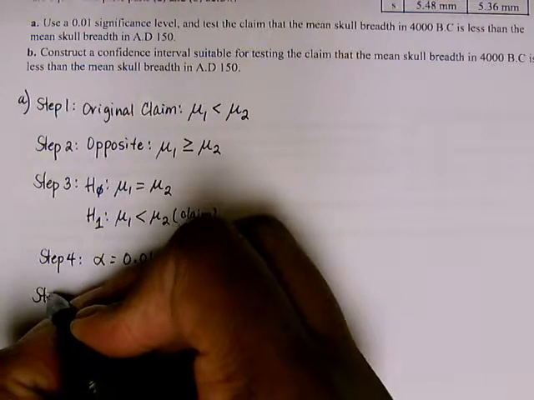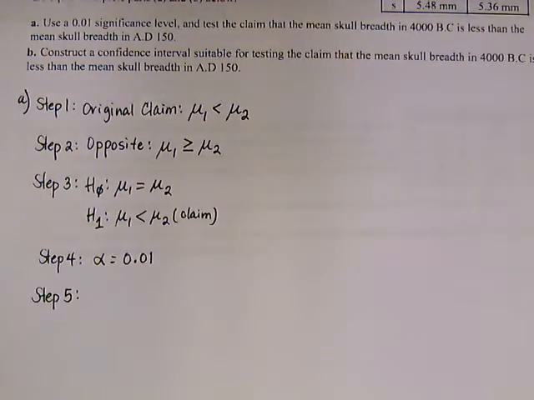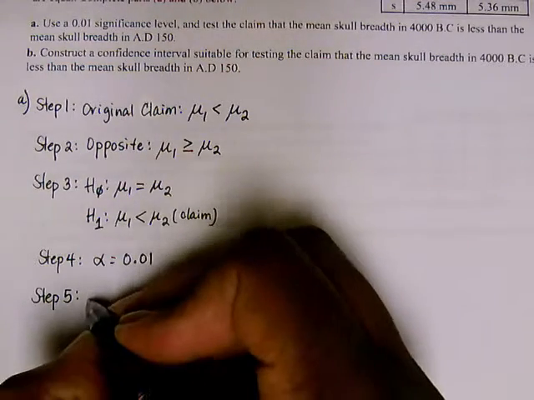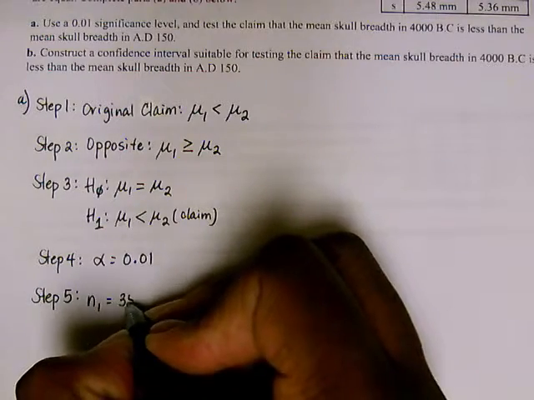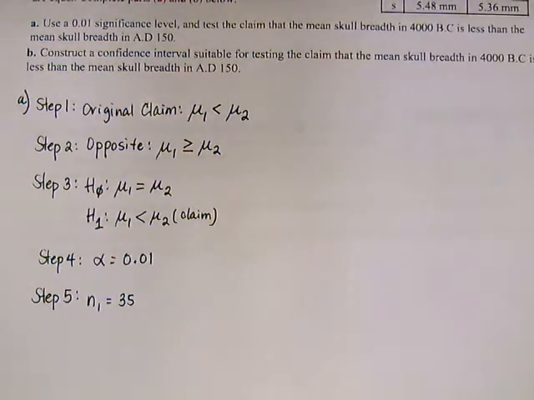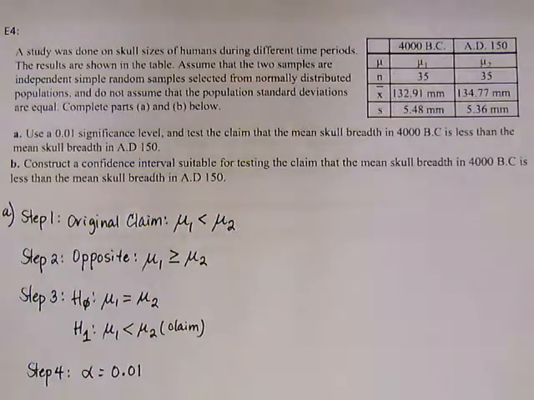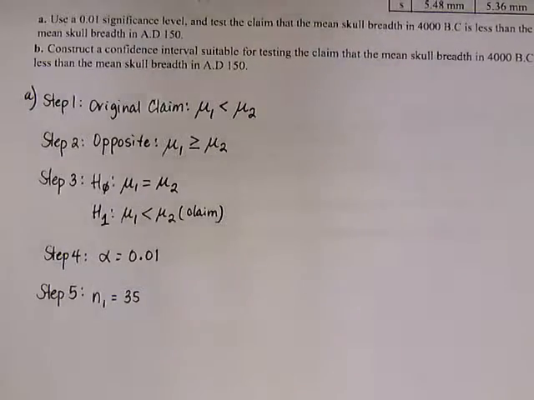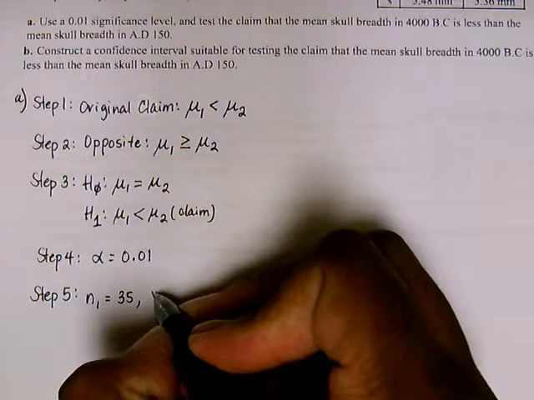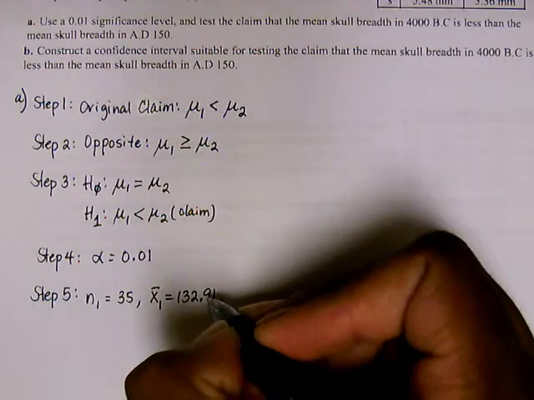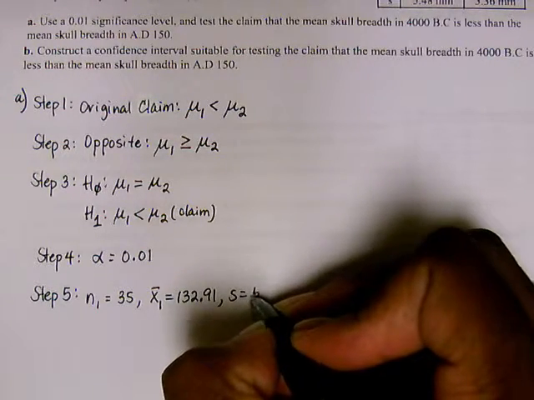And then step number 5 is we're going to use that graphing calculator to calculate our test statistic. 400 BC represents the mu sub 1. So N1 is 35, X bar 1 is 132.91, and S1 was 5.48.